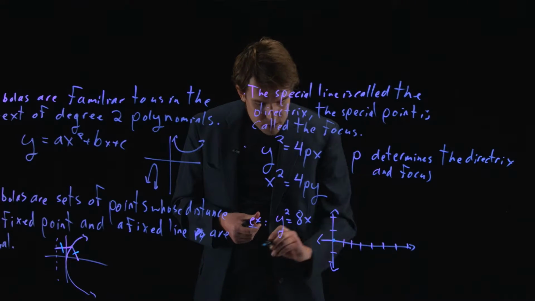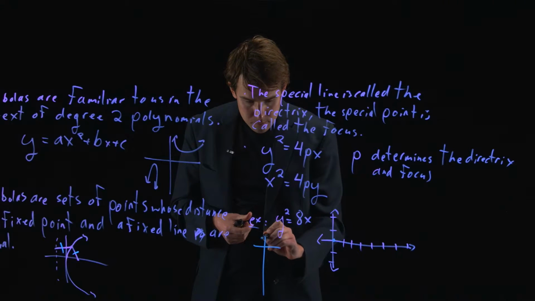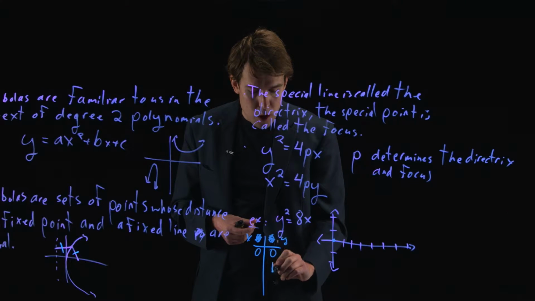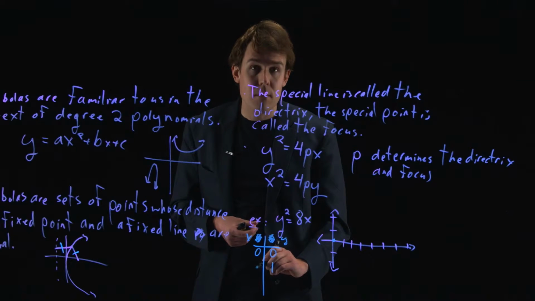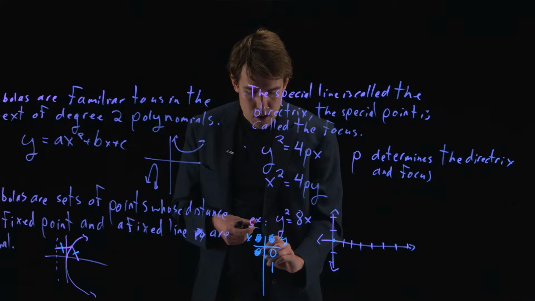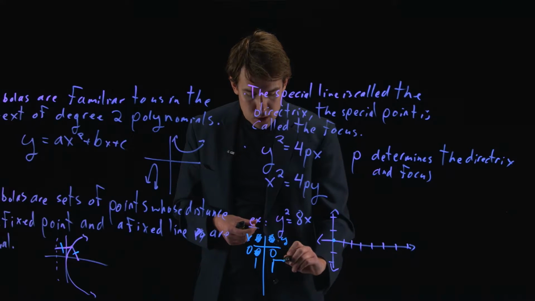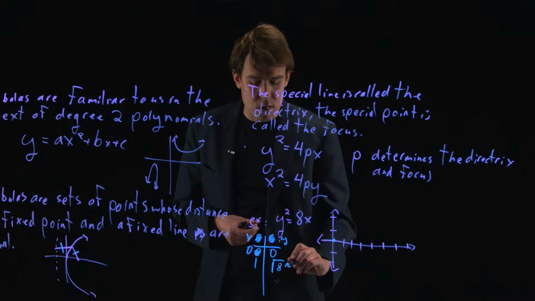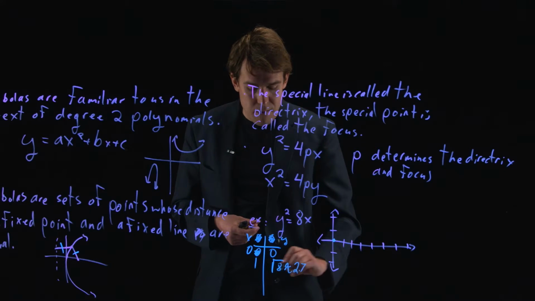And let's say when x is equal to 1, y will be equal to the square root of 8, so something like 2.7.